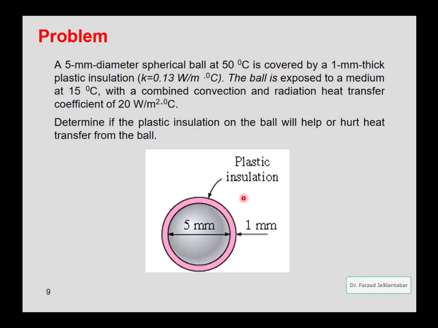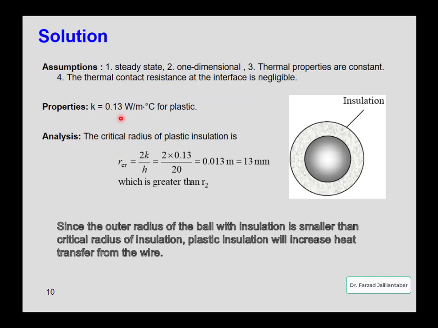So let's see how it will affect. As you may know, the important thing here is the critical radius of this insulating material around the sphere. So we should calculate the critical radius for the insulating material. But before that, we should have some assumptions as usual.